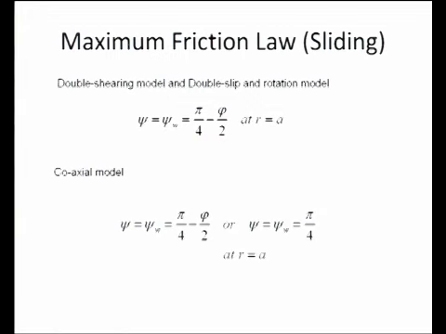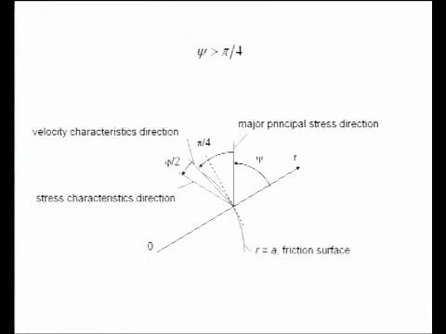One option is that the stress characteristic coincides with the friction surface, and the other option is that the velocity characteristic coincides with the friction surface. On the next slides, I will explain the difference between these conditions, and this difference has a great effect on the general behavior of the solution. So this is just for the coaxial model.